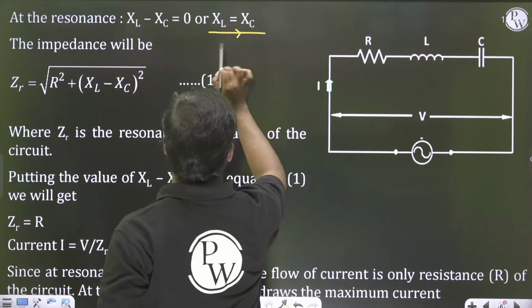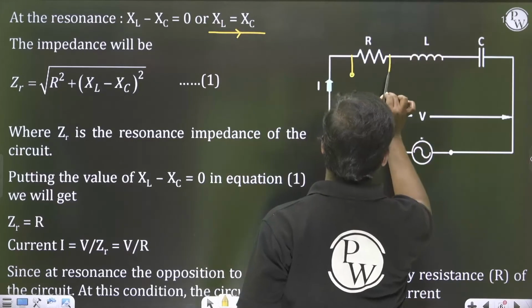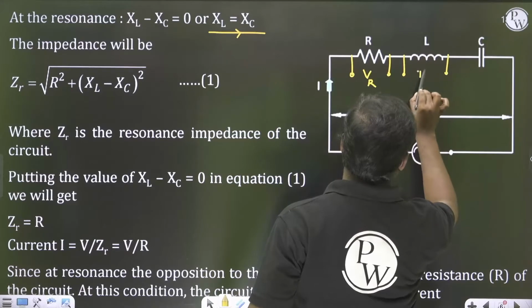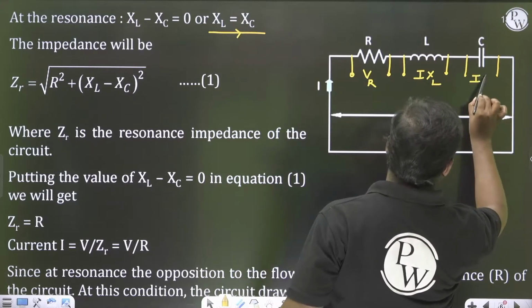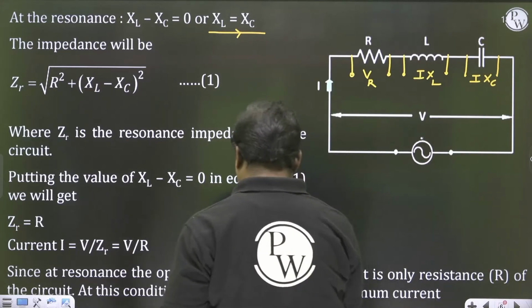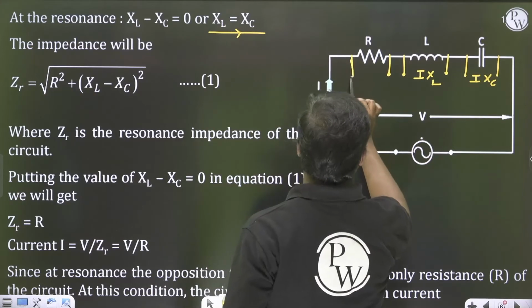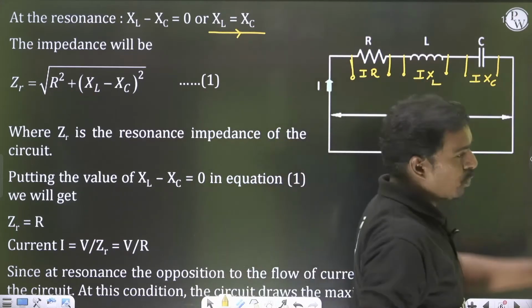XL is the inductive reactance. The voltage across the resistor is VR, which is I into R, the voltage across the inductor is I into XL, and the voltage across the capacitor is I into XC. Now the circuit becomes like a pure resistive circuit.